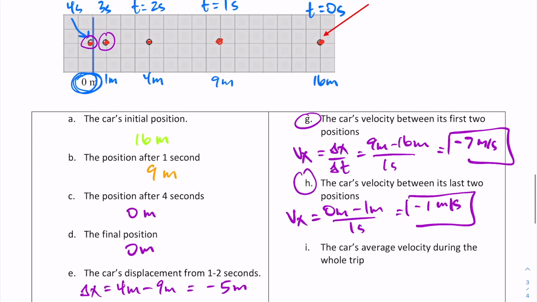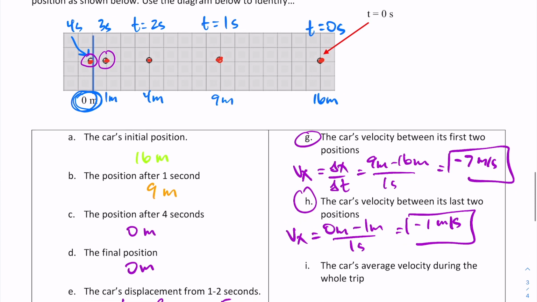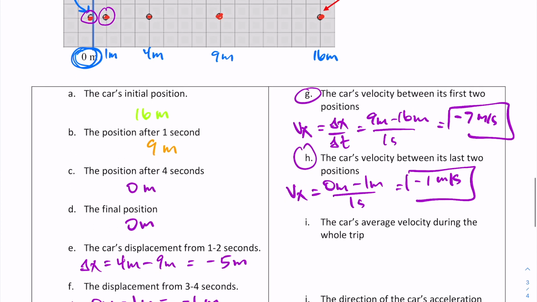And I just realized that I skipped letter I. So let's do that. Letter I, the car's average velocity during the whole trip. So let's try this. I'm going to call this V average.